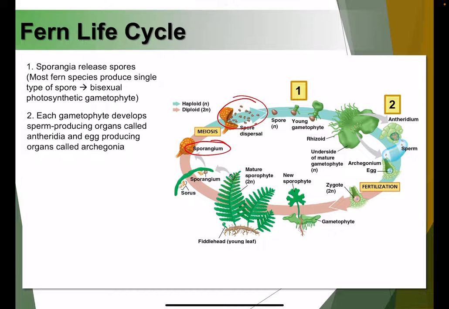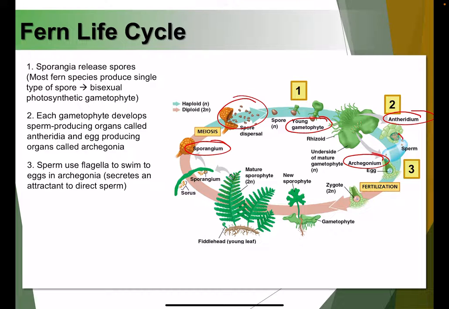Second step, each gametophyte right here then develops into sperm-producing organs called the antheridium, or antheridia, and egg-producing archegonia, or archegonium, depending on if you're talking about singular or plural. So antheridia produce sperm, archegonia produce the egg.